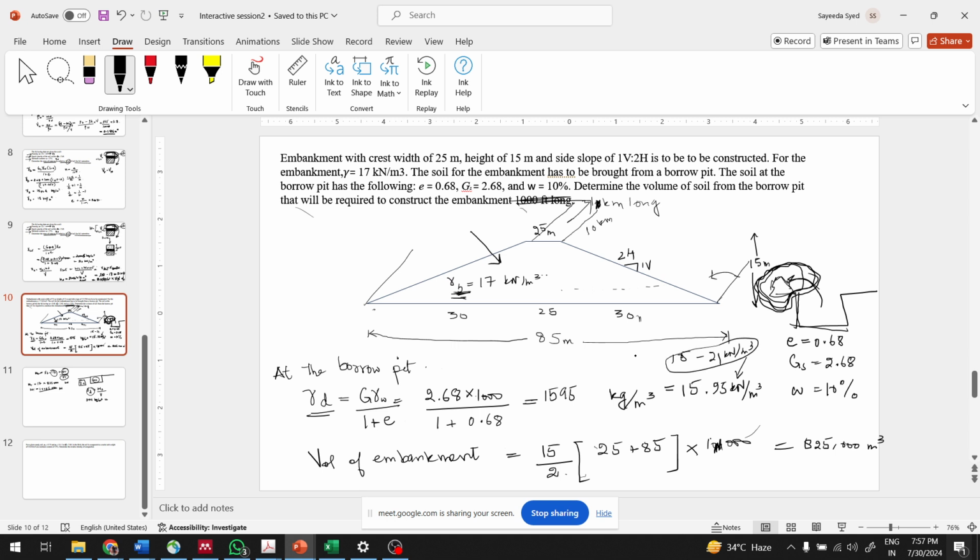You see, even concrete is 24 kilonewton per meter cube. So that is too high. This was coming out to be 39. You should already have known that there was something wrong there. So 15.95 kilonewton per meter cube.